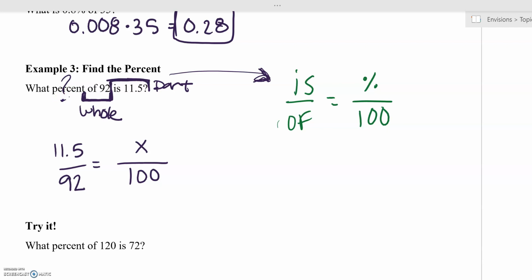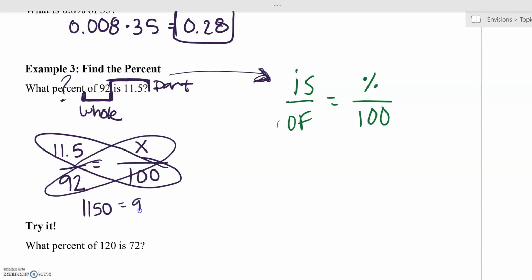All right, so now I'm going to go ahead and multiply my diagonal. So I multiply here. So I have 11.5 times 100, which is going to be 1150. And then I have 92 times x. Okay, so now I want to solve for x.